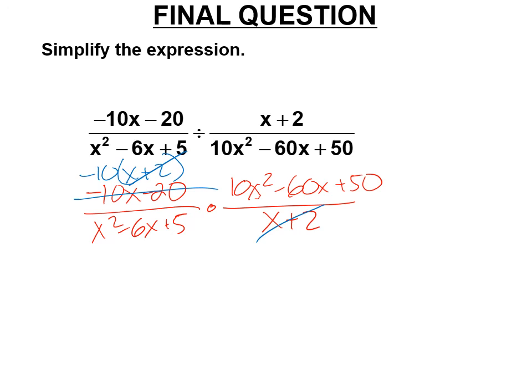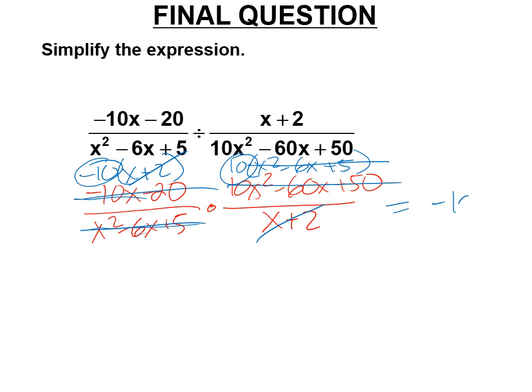Now this clearly has a 10 in it, so let's take the 10 out of that and get x squared minus 6x. Oh, now this is the first time we've had this. Notice, this trinomial is the same as that trinomial. We can cancel the whole trinomial right now. Now, we could factor them both out and do it one at a time, but those are exactly the same. So, done. So this is gone, that's gone, that's gone. What's left? This negative 10 and that, this is equal to negative 100 over 1, negative 100.